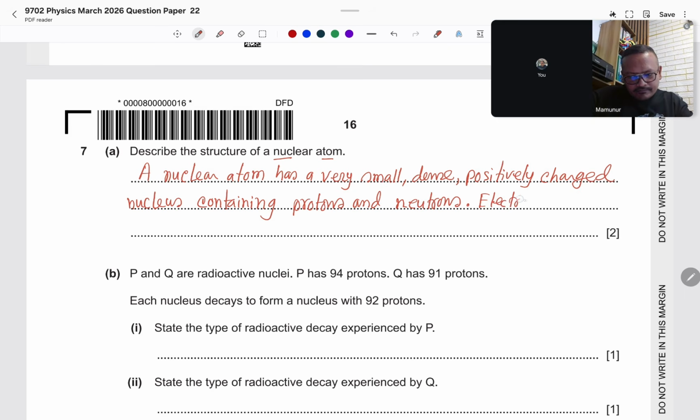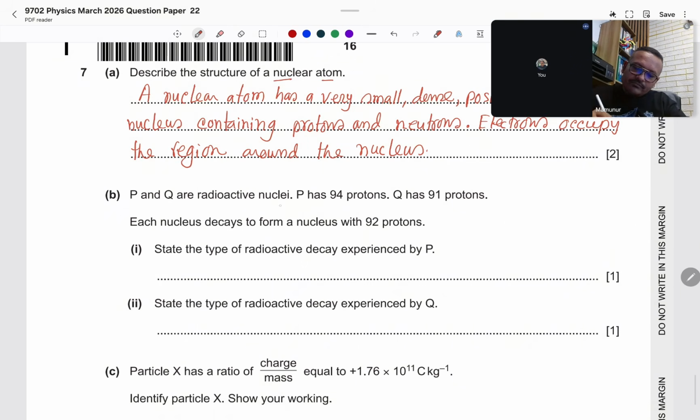Electrons occupy the region around the nucleus.